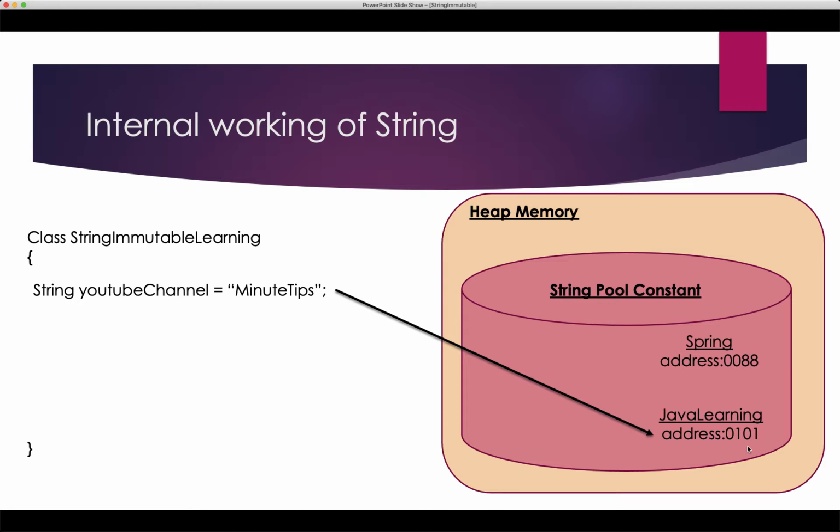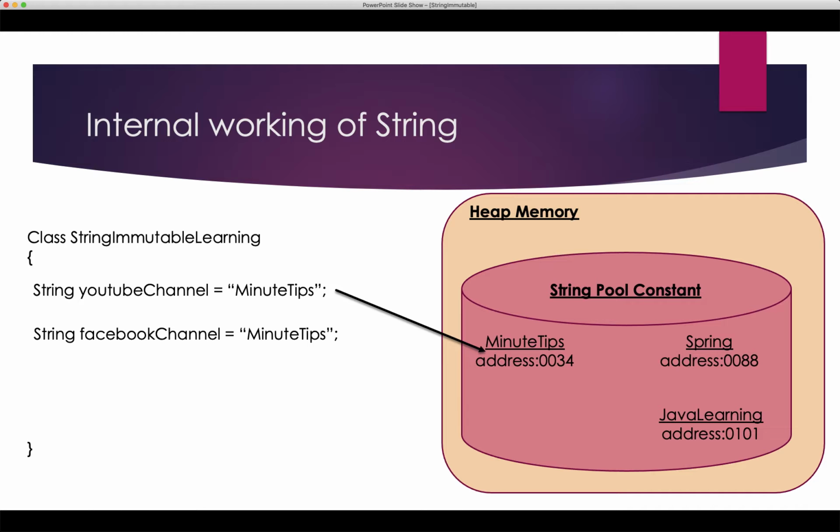Again Minute Tips with Java Learning, no, it is not the same. Lastly, it creates one new string in the string pool constant named Minute Tips, which is stored on the address 0034, and it points my youTubeChannel variable to that location.